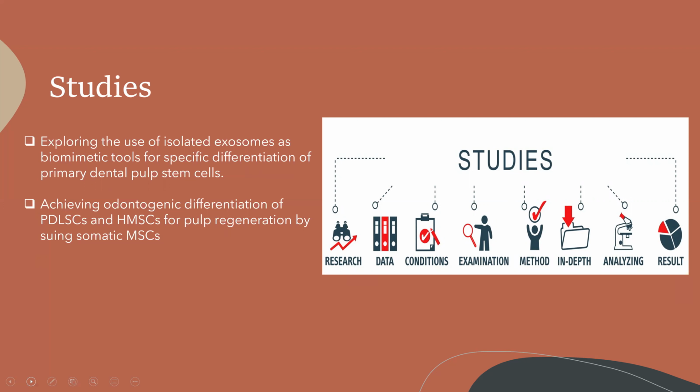Recently, exosomes have been shown to increase the proliferation of mesenchymal and epithelial cells. A study carried out by the University of Illinois, the Department of Oral Biology, hypothesized that exosomes isolated from differentiated cells could be used to induce lineage-specific differentiation of naive MSCs.